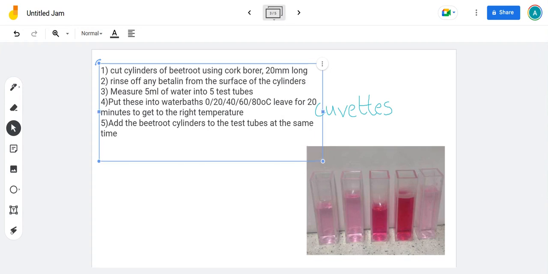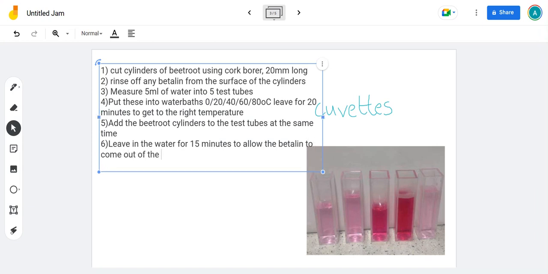Now you need to leave them for a certain amount of time to allow the betalain to come out of the cells. About 15 minutes is a good amount of time. So we can say leave in the water for 15 minutes to allow the betalain to come out of the cells.